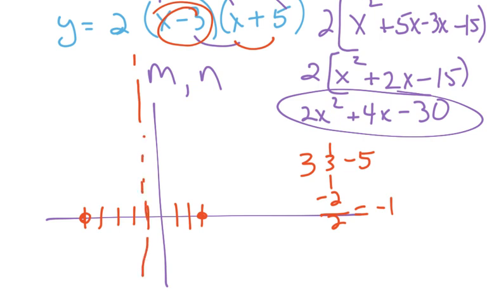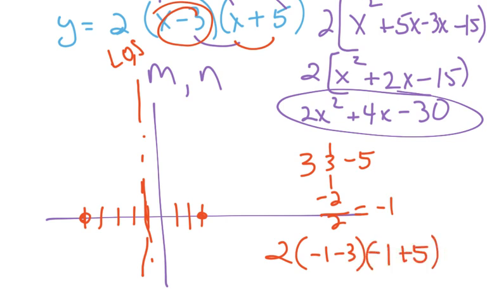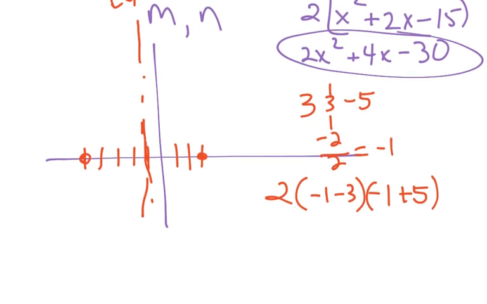This is the line of symmetry, LOS, at -1. So I can go back and plug in -1. And you see that you really only need 3 points to graph a quadratic. When it's in factored form, 3 points is sufficient.